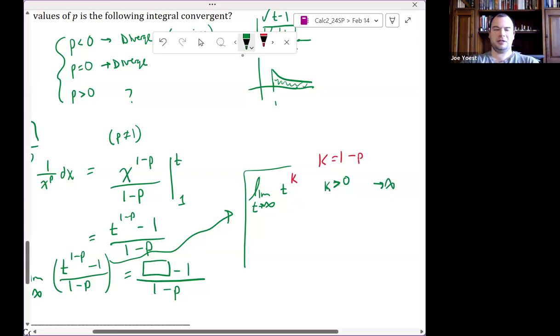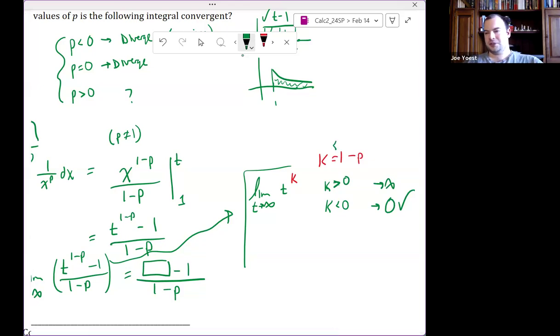This goes to infinity. This limit does not stay finite. If k is less than 0, then I have something like 1 over t squared. As t goes to infinity, my denominator gets bigger and bigger. My numerator just stays at 1. This goes to 0, and we do get convergence.